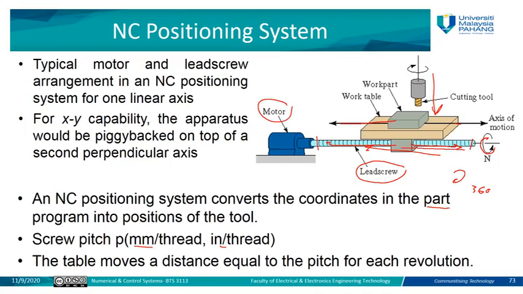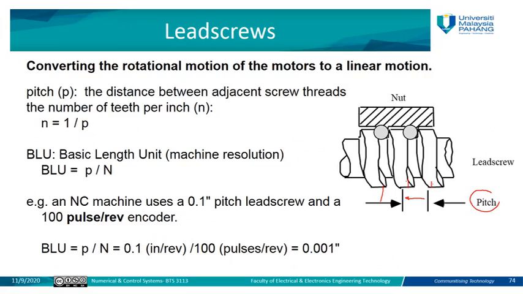So this will depend on how many threads we have on this screw, how many pitches, and what the distance is, either in inches or in millimeters. Okay, so there is also another formula in order to calculate the teeth per inch.